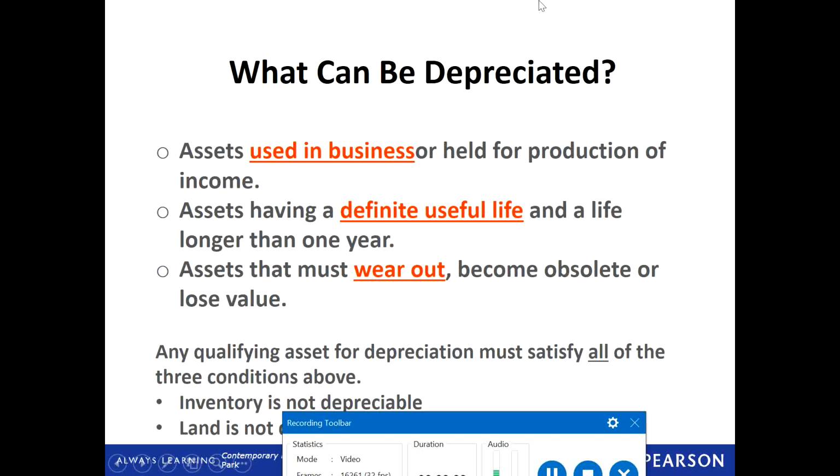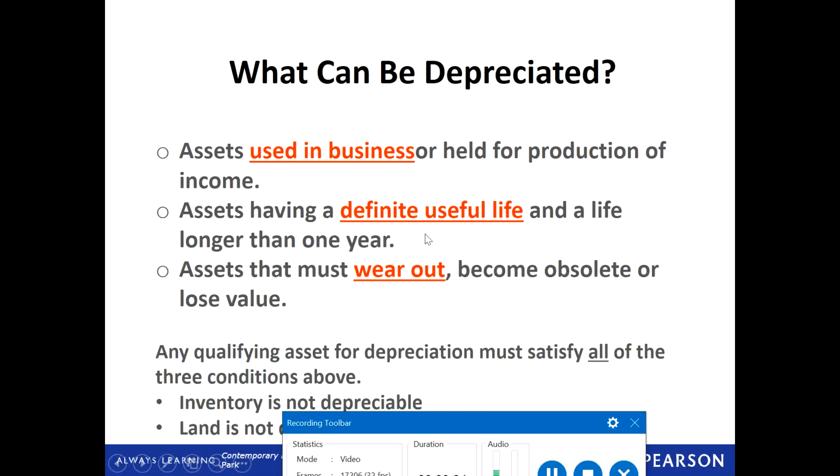First of all, the very basic concept is only fixed assets will be depreciated, right? We are not going to depreciate inventory or supplies or those other current assets. Always you have a non-current asset which you will depreciate, right? So the basic criteria is that the asset is going to be used in a business or held for the production of income, these are the ones you should depreciate.